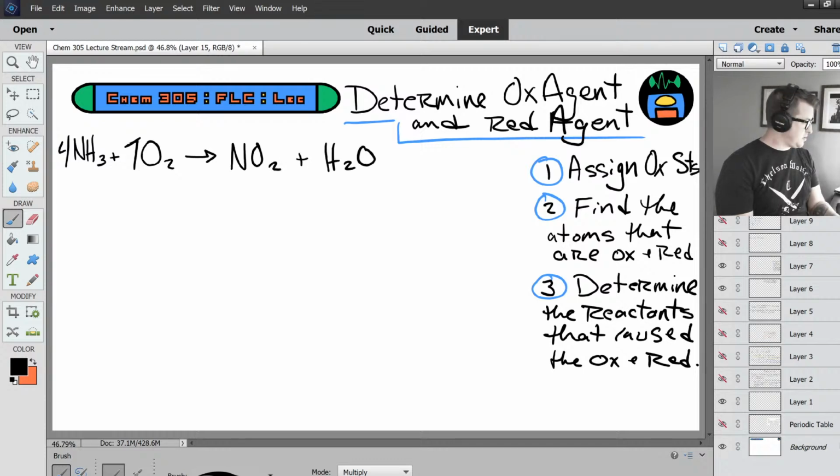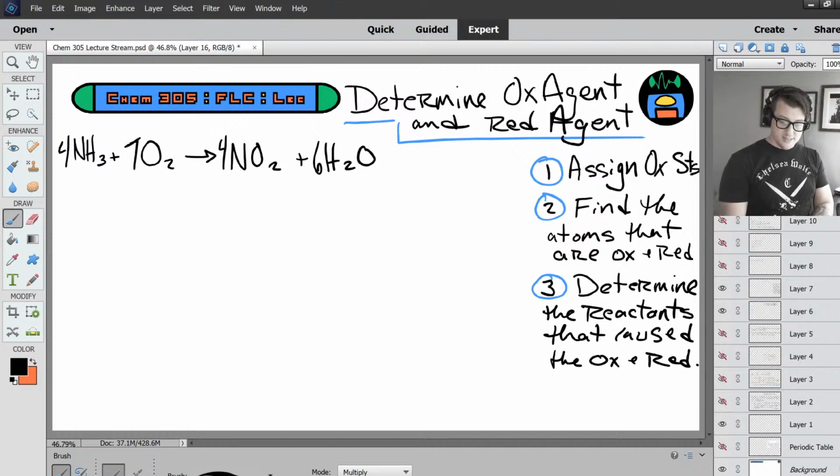So let's look at this reaction between ammonia and oxygen gas to produce nitrogen dioxide and water. Step number 1, we need to assign our oxidation states. With our first reactant, rule number 2 tells us that hydrogen will be +1 because it's always +1 when it's with other nonmetals.